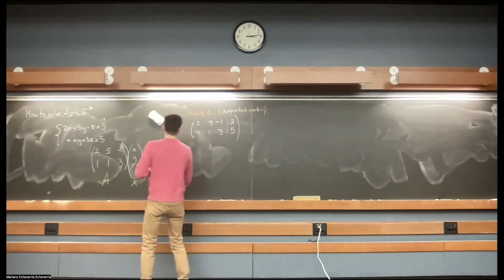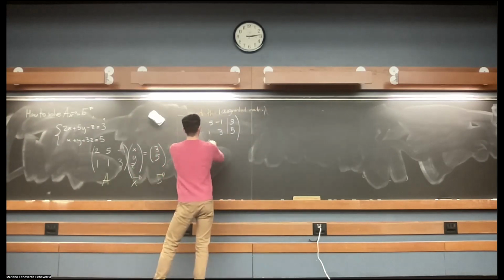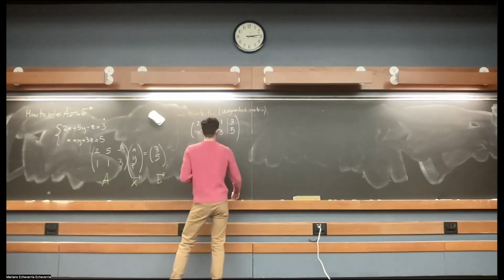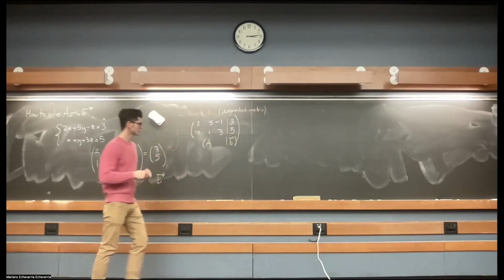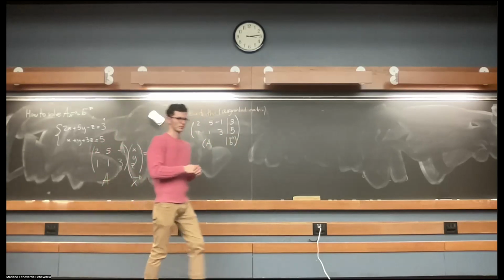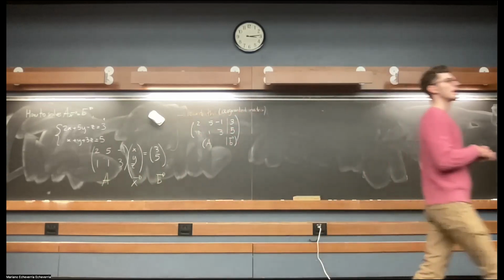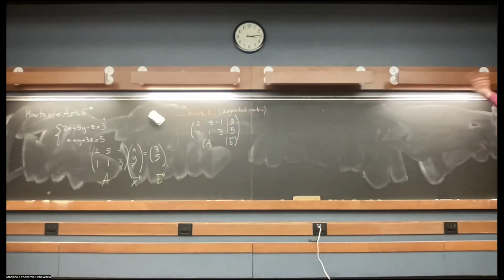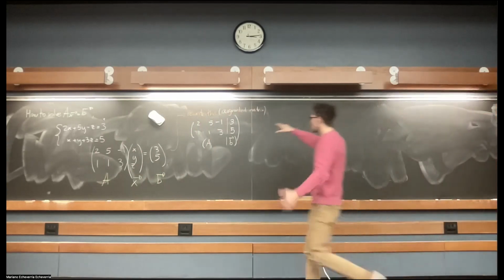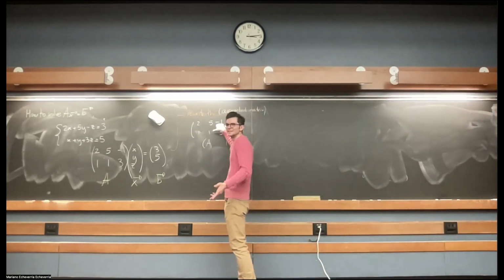So the idea is that in this format, you put the matrix A here, and then you put a vertical line, and then just whatever this vector B is supposed to be. And the point is that you can read the equations immediately from this format, because these are just the numbers in front of x, y, and z, right?